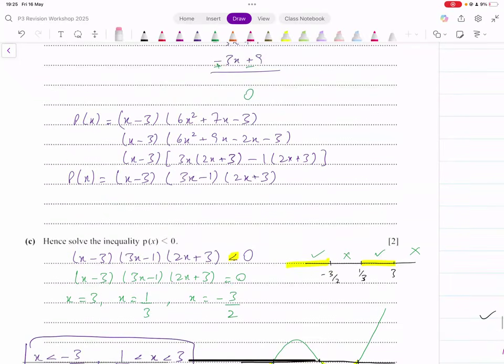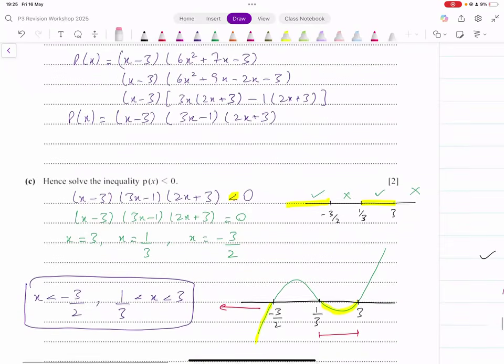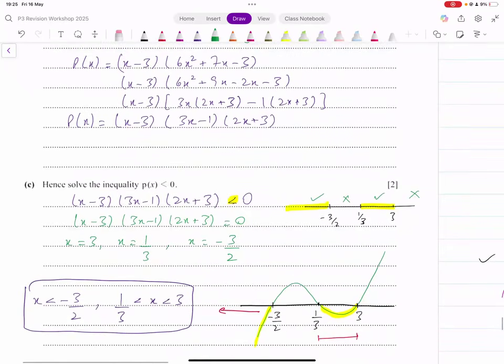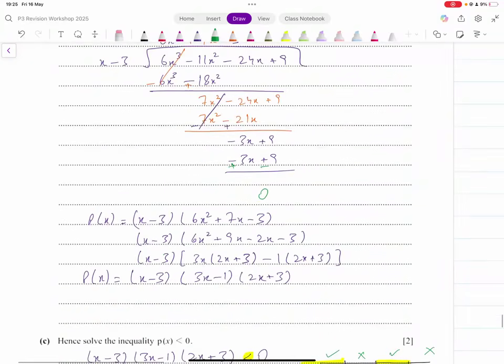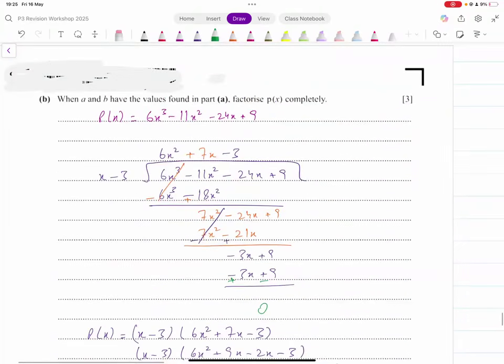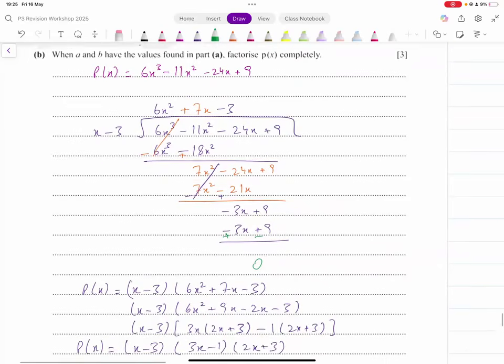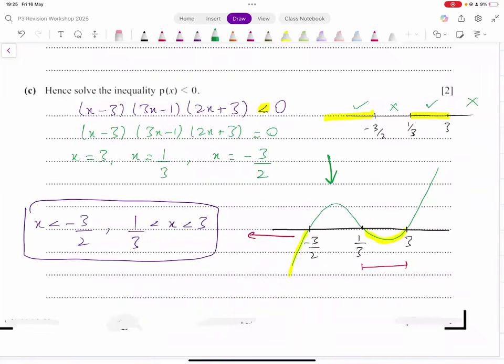Now we could either think of the number line, but that will take a bit long, or about the cubic curve. The polynomial that we've got here has the positive coefficient of x cubed. So the shape of the graph would look like this. It has 3 x-intercepts. You mark them there: minus 3 over 2, 1 over 3, and 3.